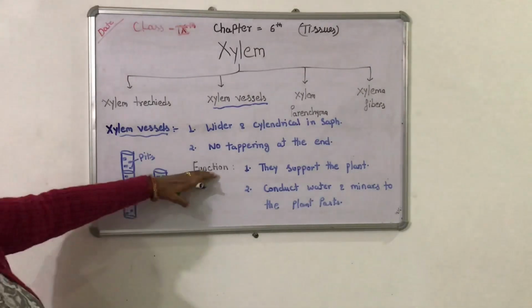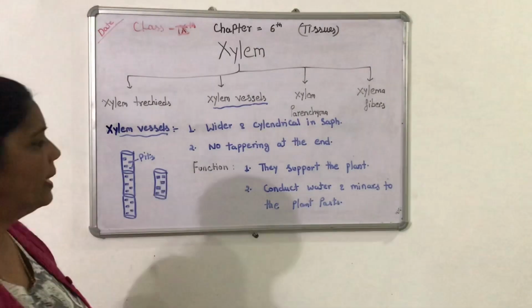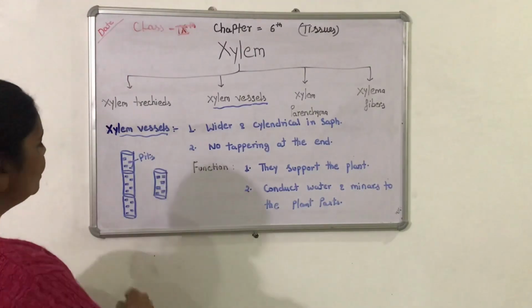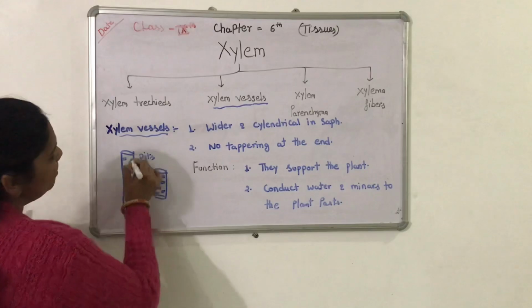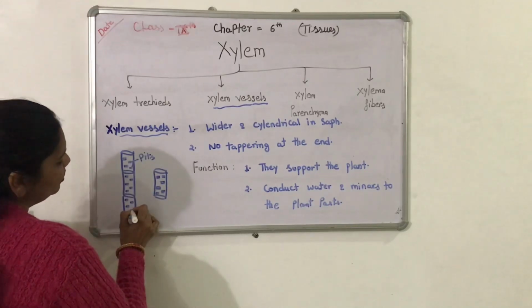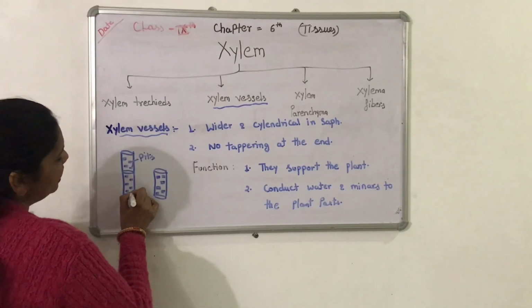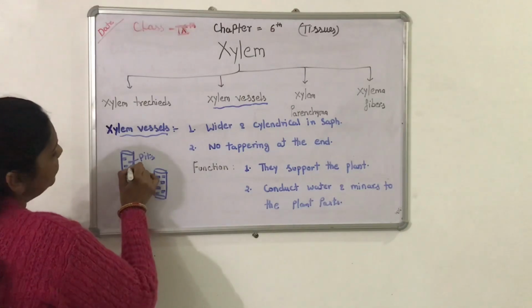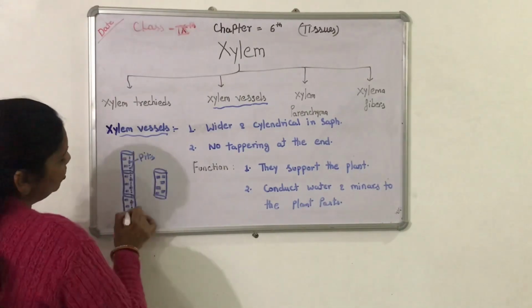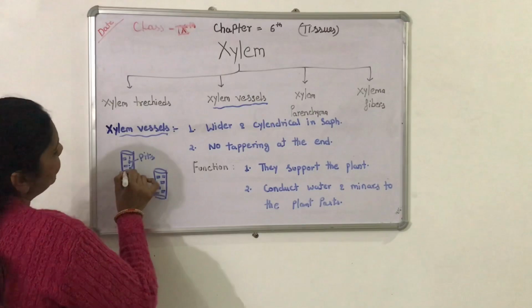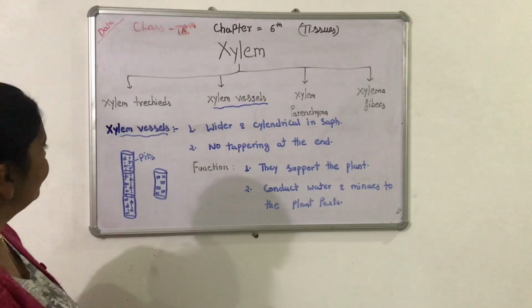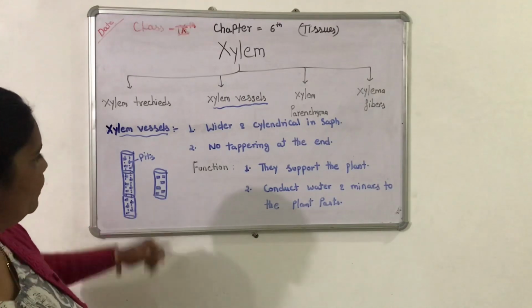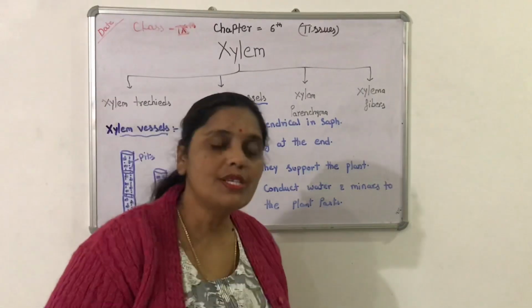If I see the function, they support the plant and the water and minerals are transported through the vessels. How the water and minerals are transported from root to each and every part of the plant. This is a xylem vessel. These are also dead cells.